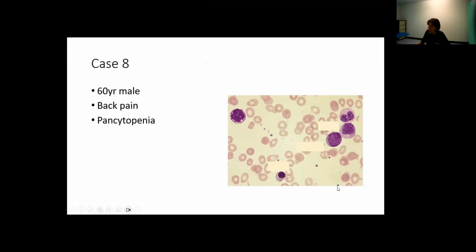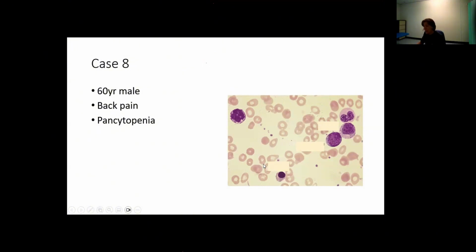So you do have immature myeloid cells, sometimes promyelocytes; this is a myelocyte or blast. You've got a nucleated red cell, so you've got immature red cells. And actually, with the eye of faith, you've got a teardrop-shaped cell here.